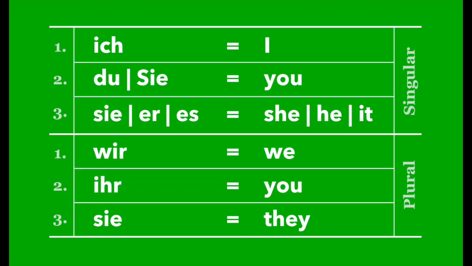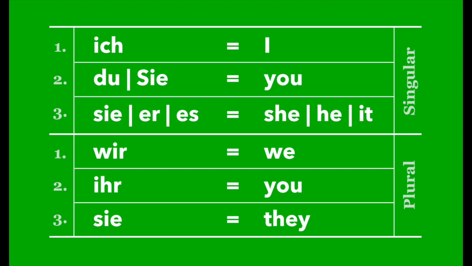Let's repeat quickly the personal pronouns in nominative and accusative before we go on with the dative. The personal pronouns in nominative are ich for I, du for you, singular in the informal approach, and Sie for the formal approach in singular. Sie, er, es would be she, he and it. Wir is we.